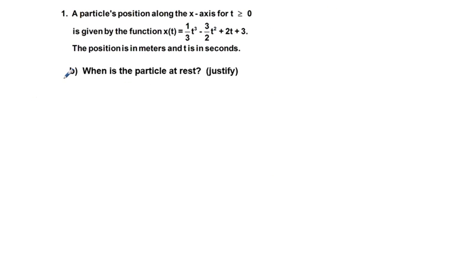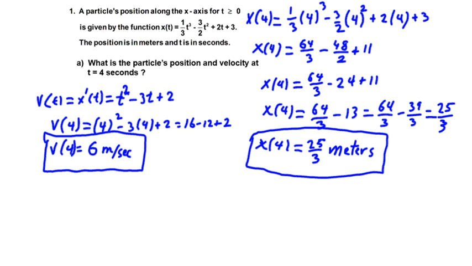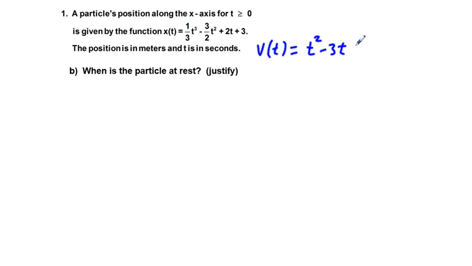Next part of the quiz, we have B: when is the particle at rest? For that, we take our v of t, which is t squared minus 3t plus 2. To find when the particle is at rest, we set the velocity equal to 0.